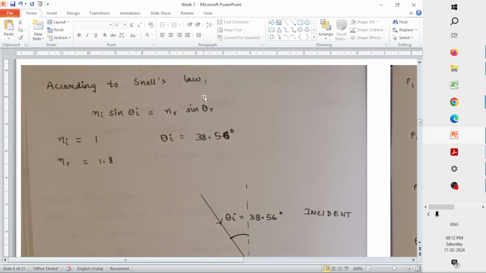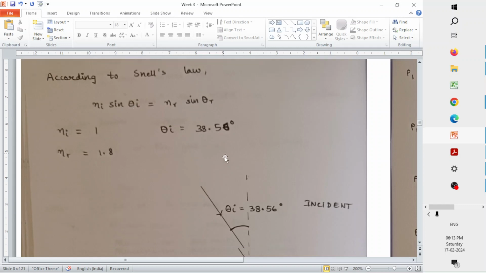So here the light is getting refracted, so we need to calculate what will be the refraction angle. You know Snell's law, as we discussed last week also. Ni sin theta I equals Nr sin theta R. Ni is the refractive index of the incident medium.